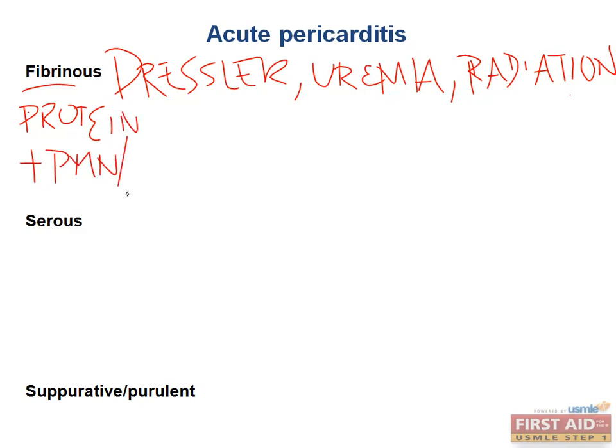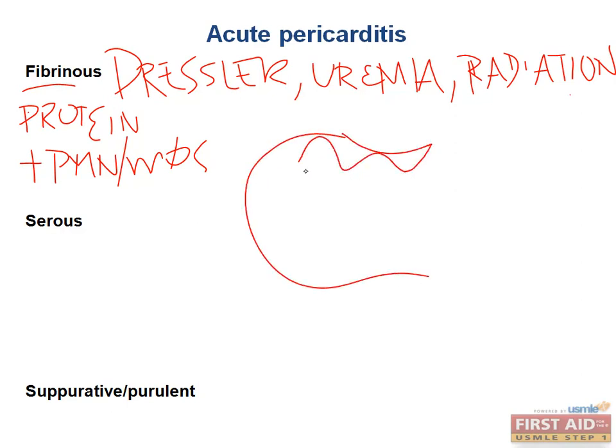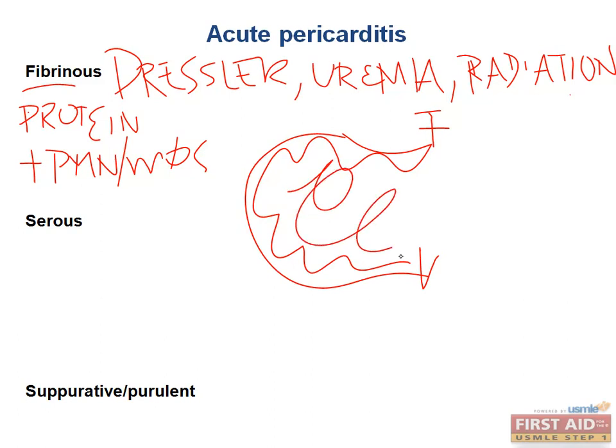So let's talk about neutrophils and potentially also some macrophages getting caked onto the serous and fibrous layers of the pericardium. So again, there's just a caking of fibrin all along the fibrous parietal pericardium and the visceral serous pericardium. If you accumulate a bunch of stuff in here, there's going to be a very thick layer of stuff.